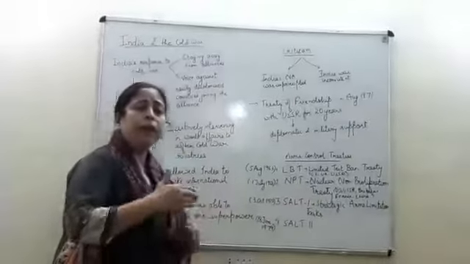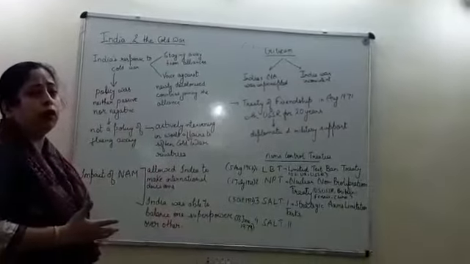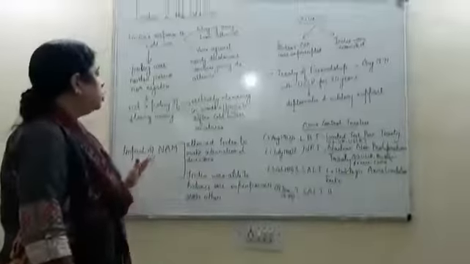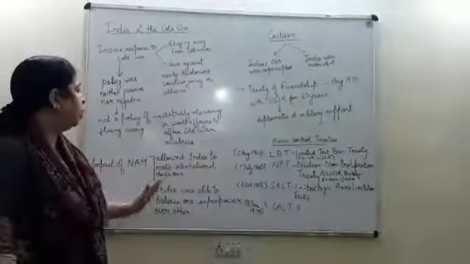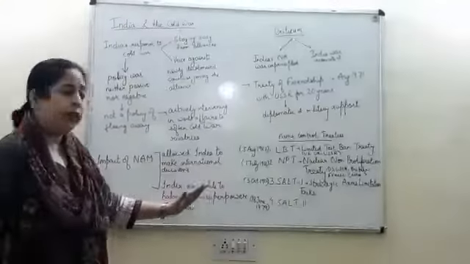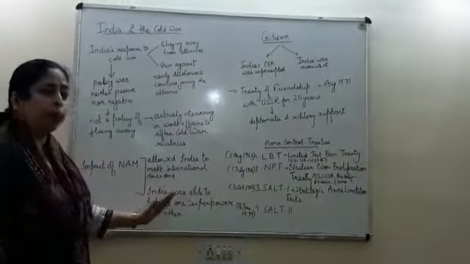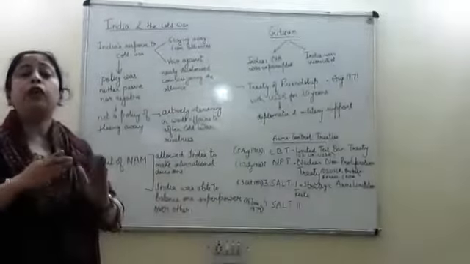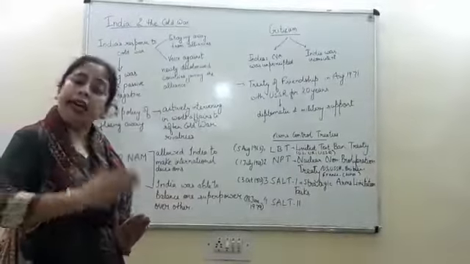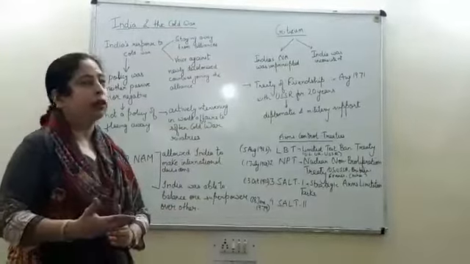Now, coming later, if you ask what the impact of the non-aligned movement on India was, the impact was this: firstly, this movement allowed India to make independent international decisions. Secondly, India was also able to balance one superpower against the other. Now, what does it mean? It means that India was free to join any superpower for one reason or the other.